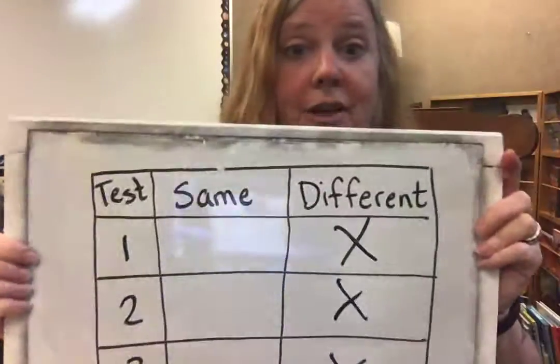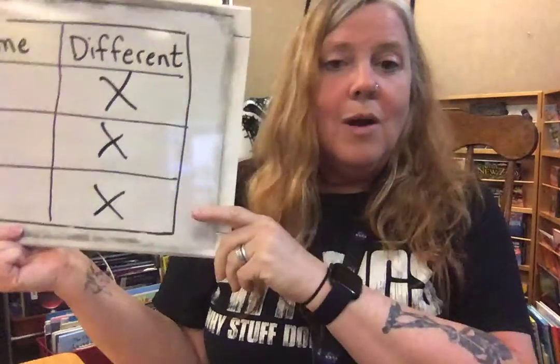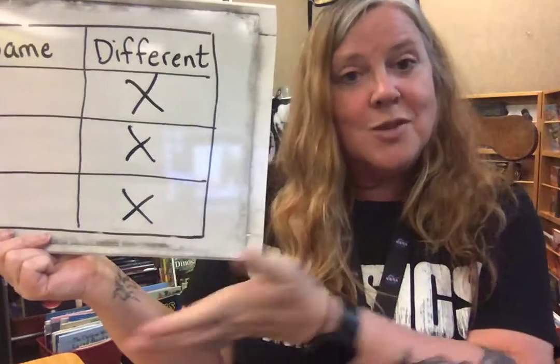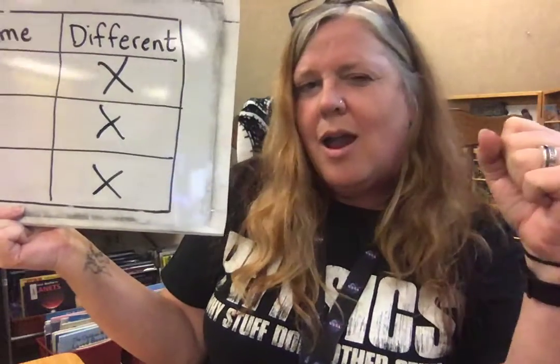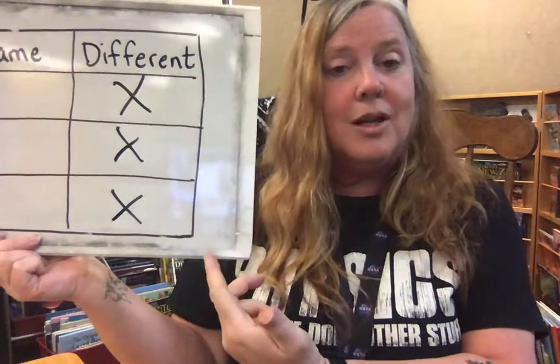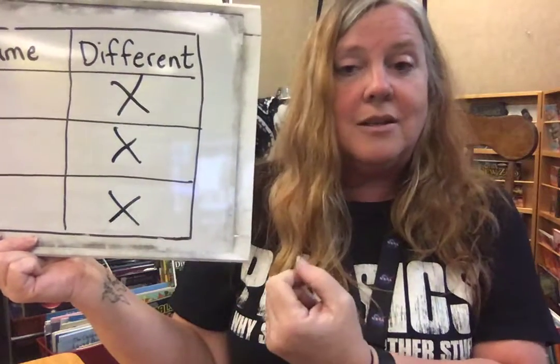So, hey, if your hypothesis was that they were going to be different, well, look what? Your hypothesis was supported. That's what we say. We don't go, yeah, I was right. We just say, my hypothesis was supported by what actually happened.